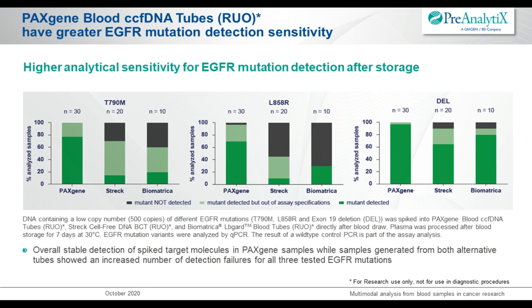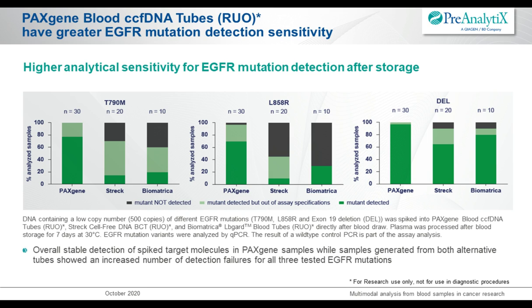What you see here in these different colors: the dark gray color shows the samples where we could not detect the spiked-in mutations, so no signal, no CT for these mutations anymore. Then we have this dark green color where we could detect the mutation as valid for the assay.